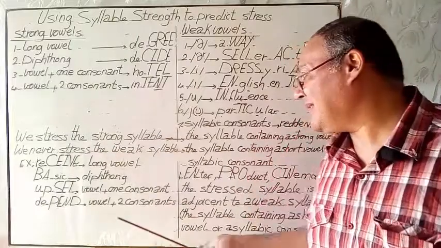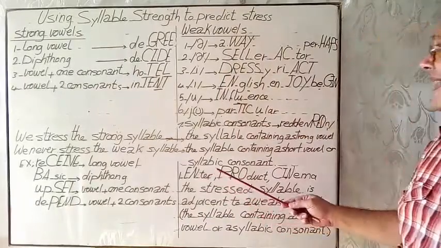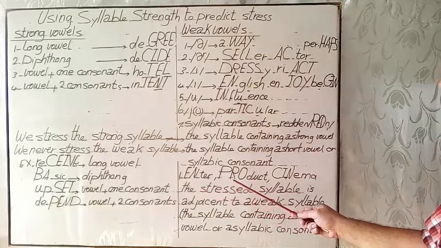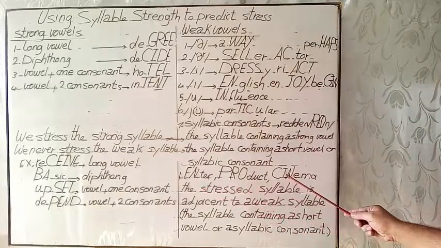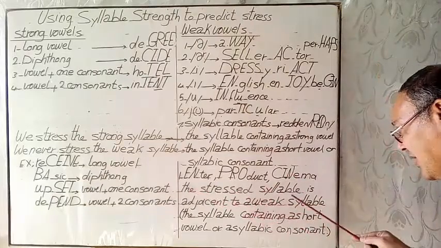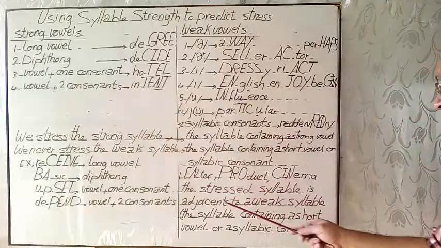consonant sounds like depend. Here, for example, of weak syllables: enter, product, cinema. Here, the stressed syllables are en, pro, and sin.